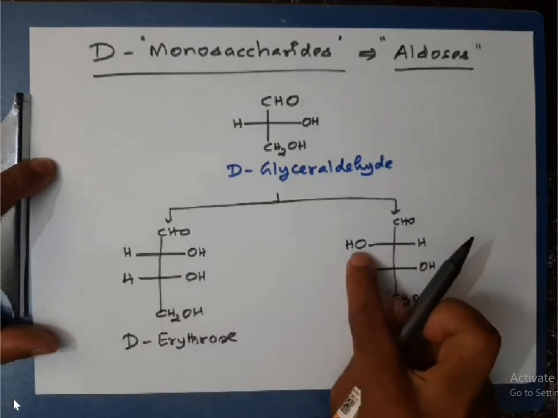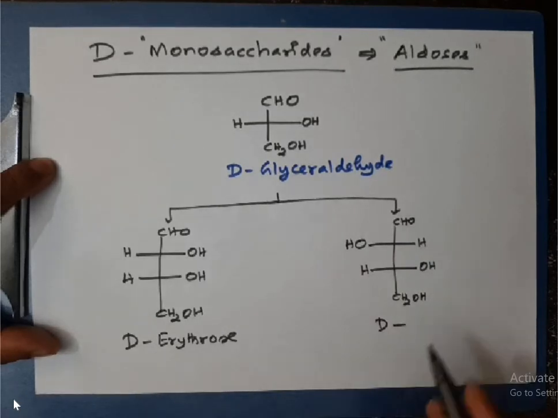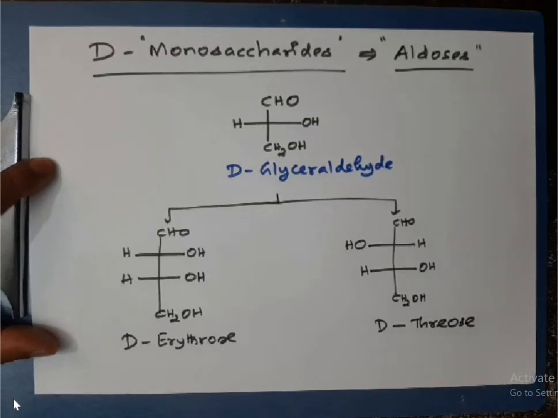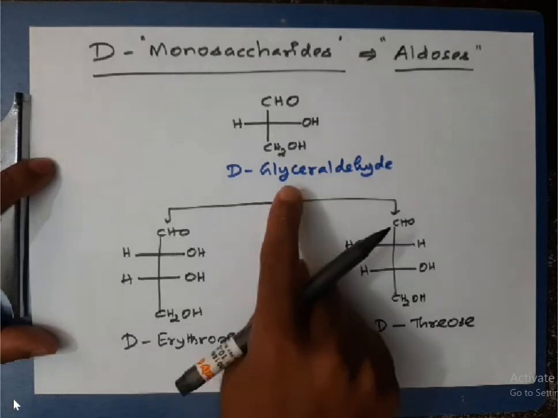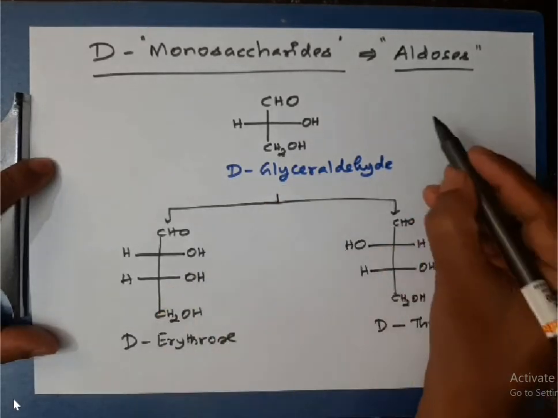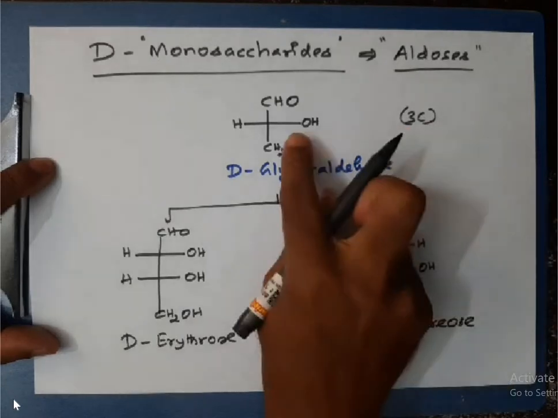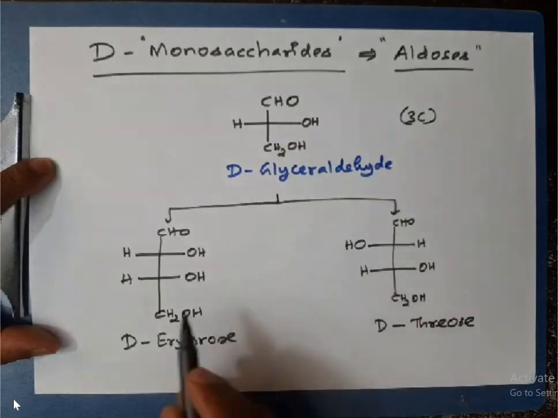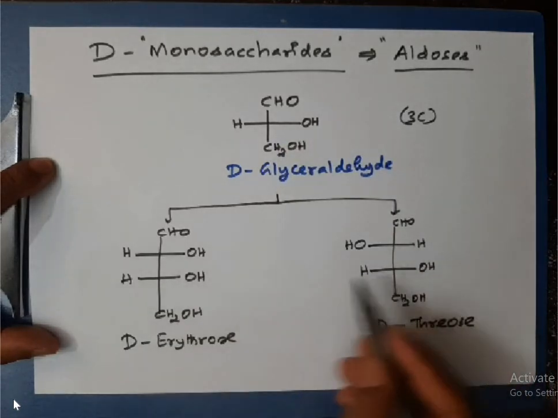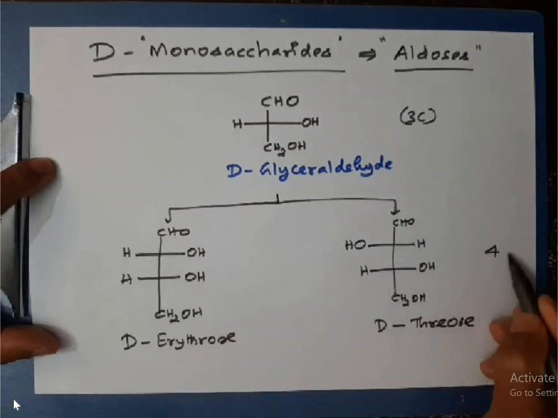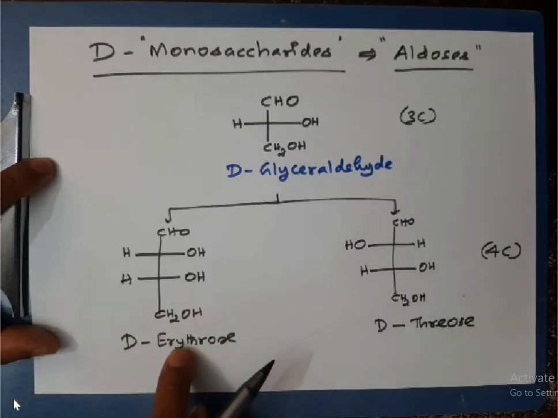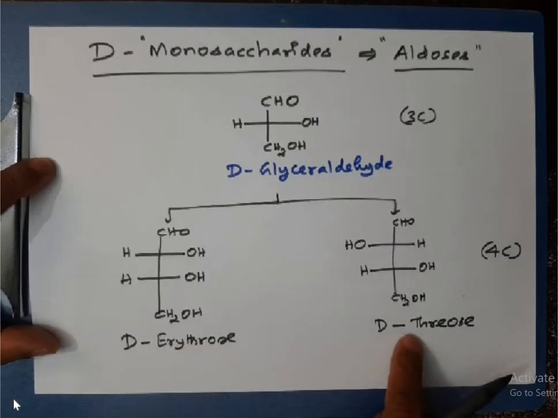If I put OH group in left hand side, I'll get D-threose. From glyceraldehyde, this is a 3 carbon containing aldose. So that's why it is called as Aldotriose. And these two are aldoses containing 4 carbon atoms. So in 4 carbon atoms, we have 2. One is D-erythrose, the other one is D-threose.